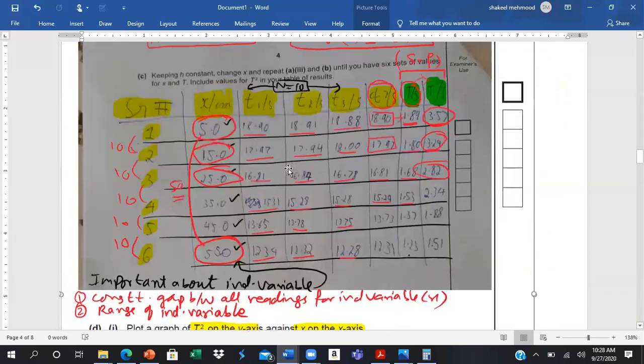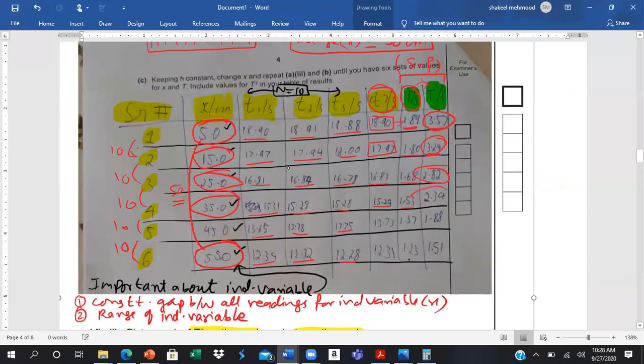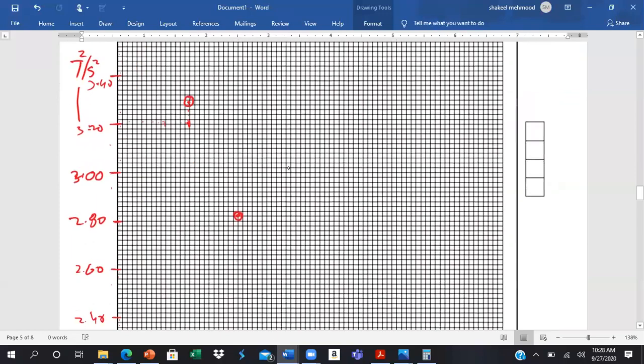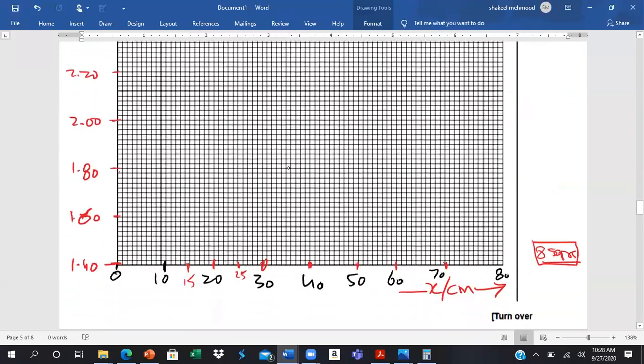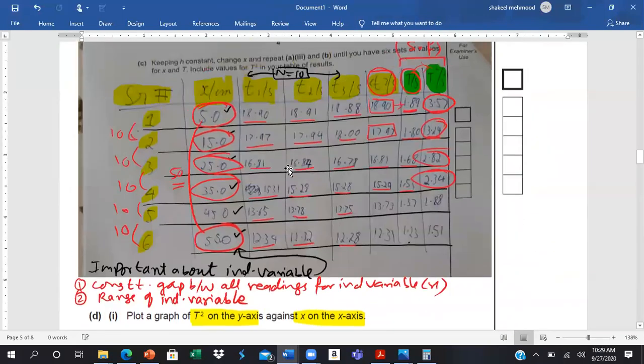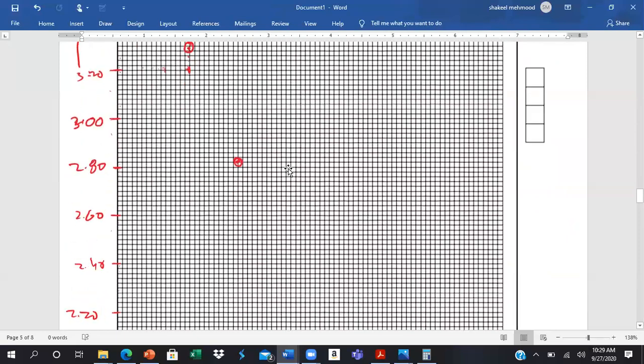What is the next value? It is 35 and 2.34. So 35 is like 1, 2, 3, 4, 5. Okay, so this is 35 and 2.34.